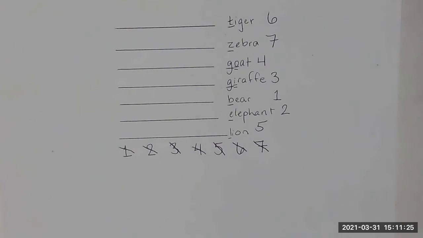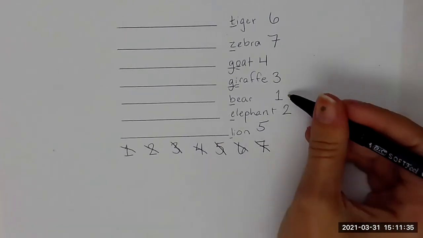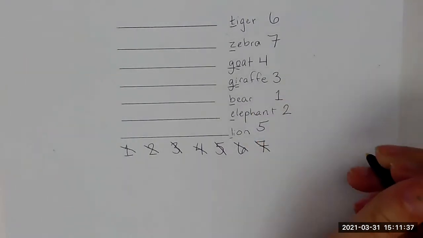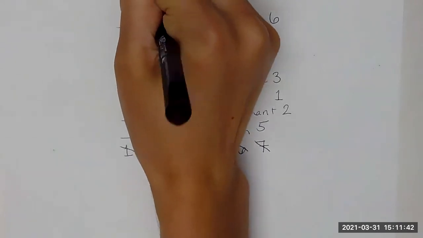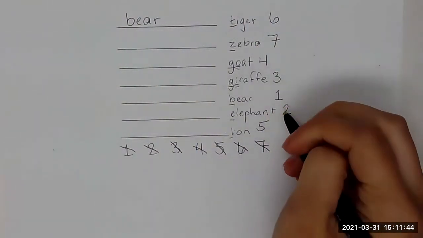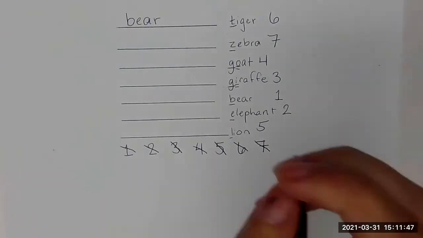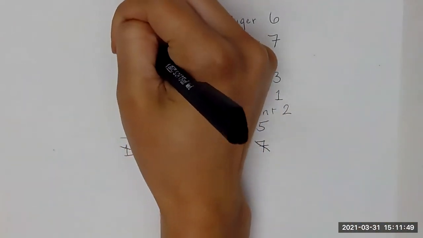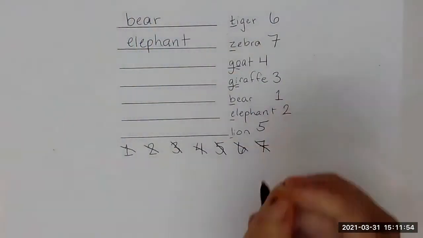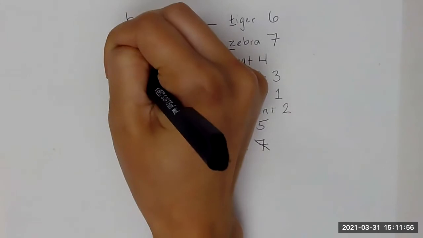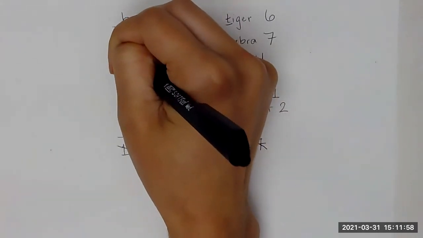This list should be in alphabetical order now. Let's use these numbers to help us write these words in alphabetical order. Since we wrote number 1 next to bear, that helps us remember that bear is first. We wrote number 2 next to elephant. We will write elephant next. We wrote 3 next to giraffe. We will write giraffe next.